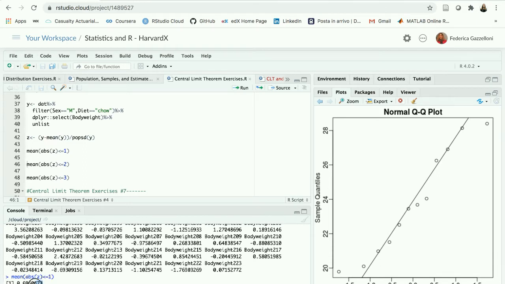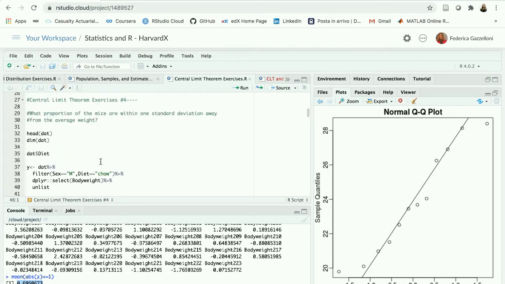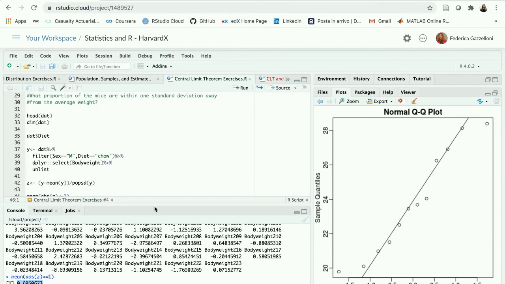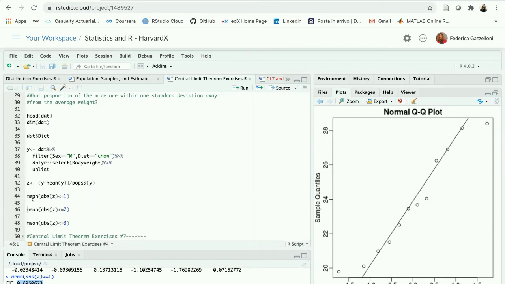And this answers the question of this exercise. What is the proportion of the mice that are within 1 standard deviation away from the average weight? It means calculating the mean of our variable z, and we are interested in the proportion of z which is less than 1.